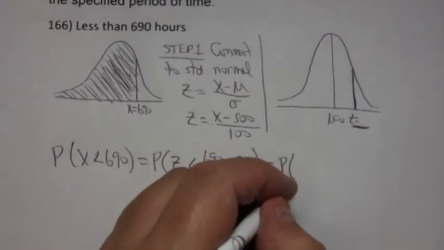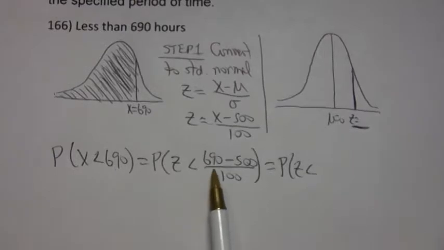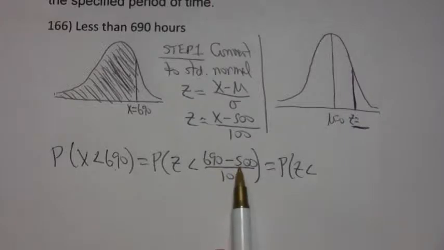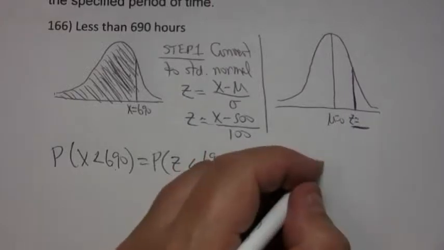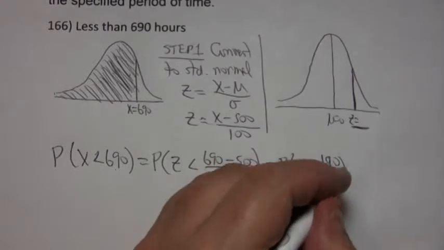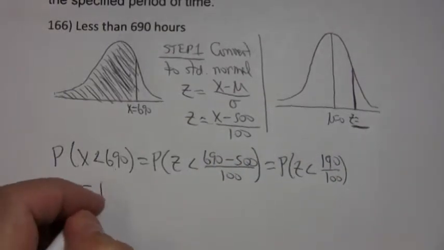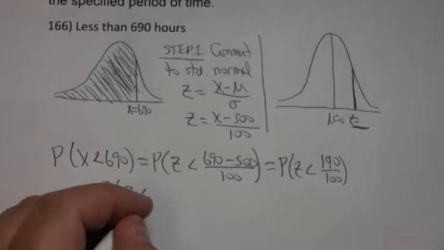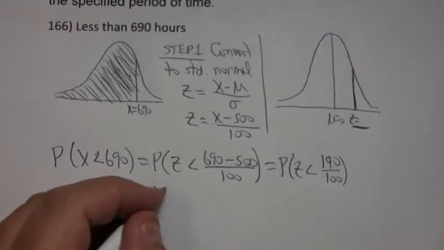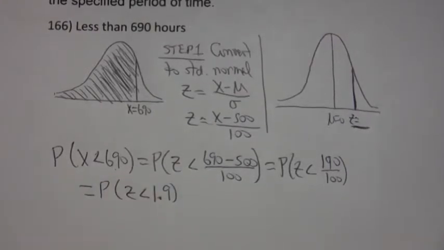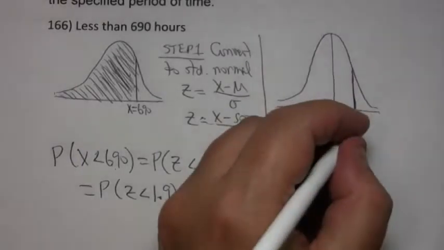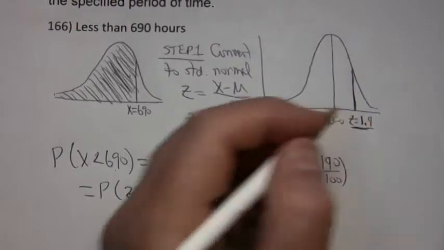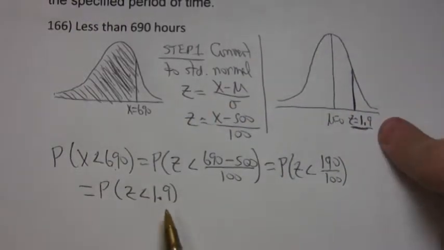Well, that's the probability that z is less than, and 690 minus 500 is 190. And 190 divided by 100 is 1.9. I didn't know it before, but now I do. That 1.9 is what z is.